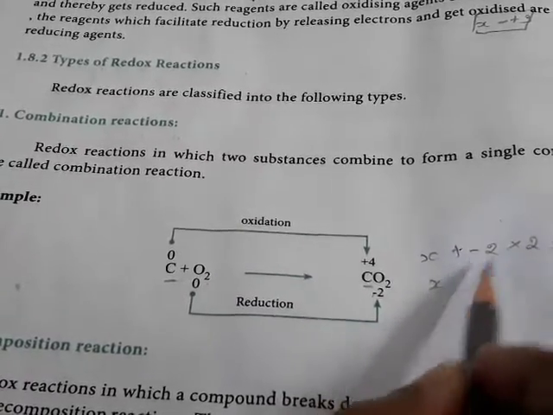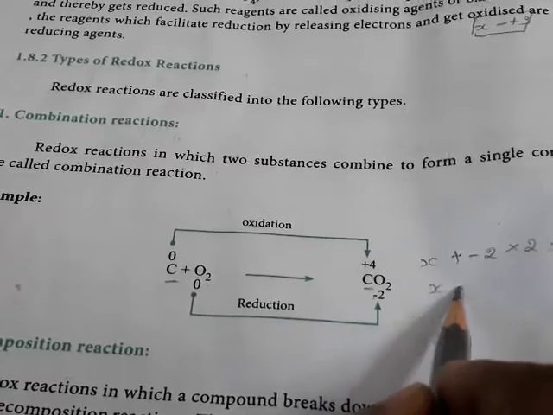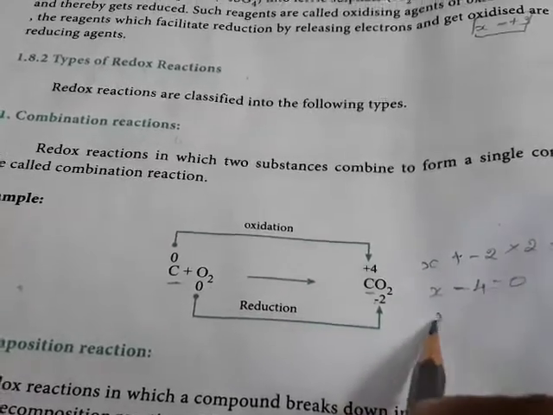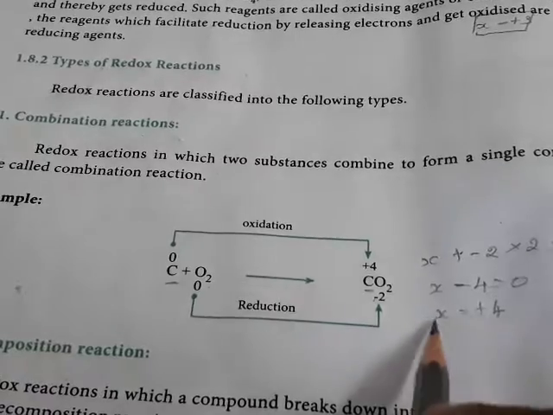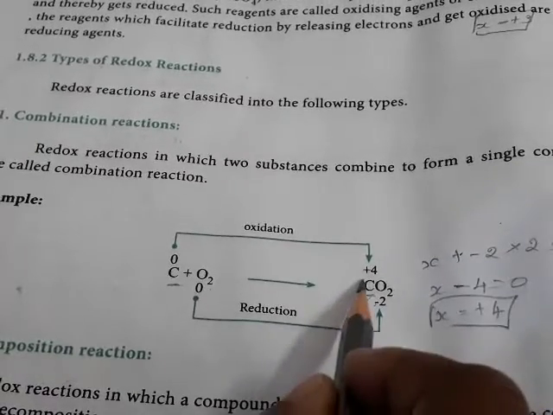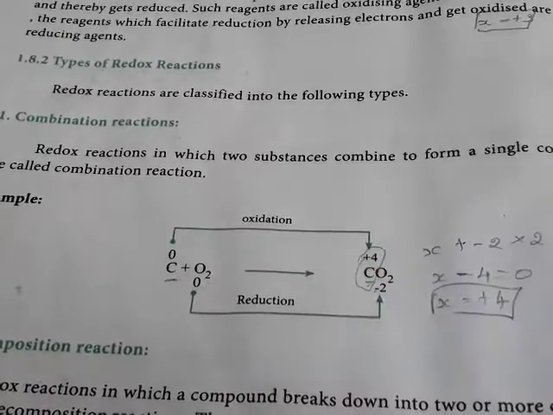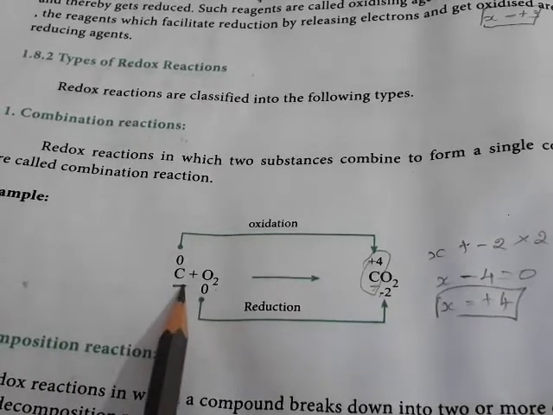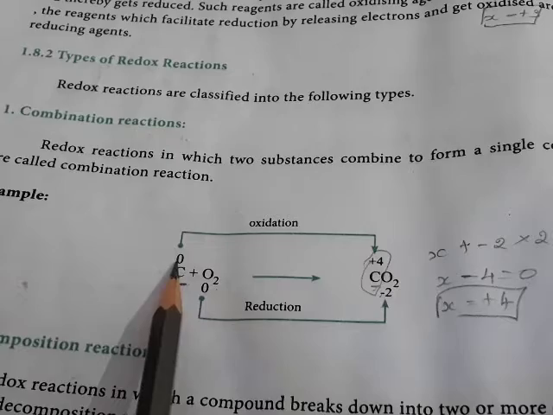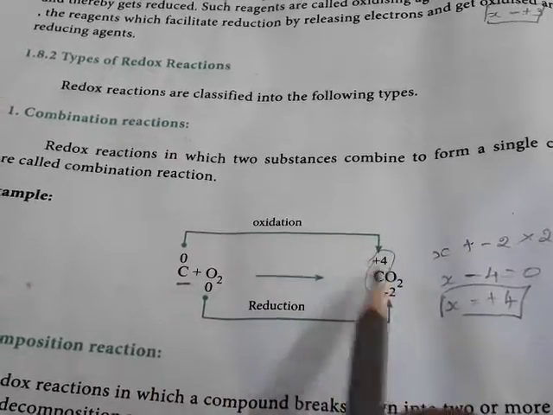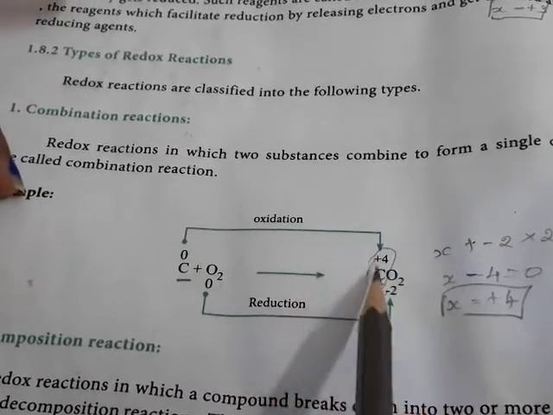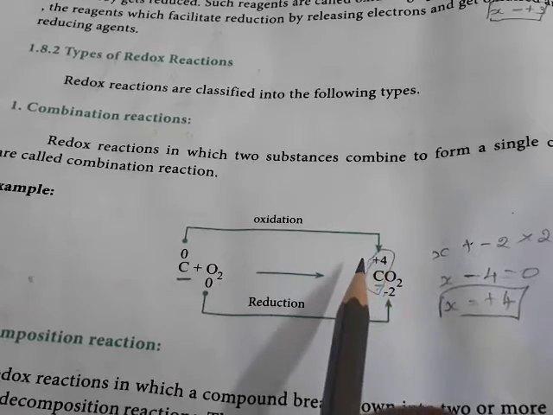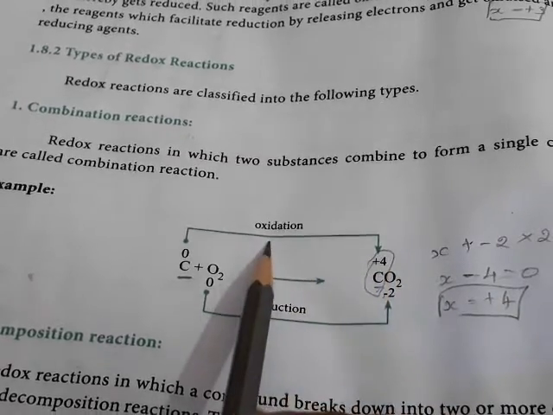Let the oxidation number of carbon be X. Oxygen is minus 2, and you have 2 oxygens, so minus 2 into 2. The compound is neutral, so it equals 0. So X minus 4 is equal to 0, so X is equal to +4. Carbon is in the +4 oxidation state. Here carbon is 0 and it changes to +4. The oxidation number is increased, so the reaction is oxidation.